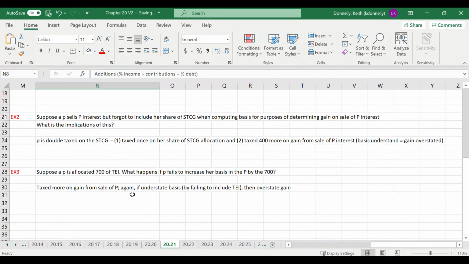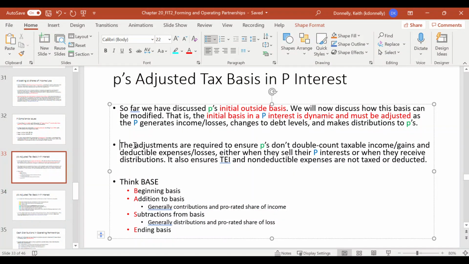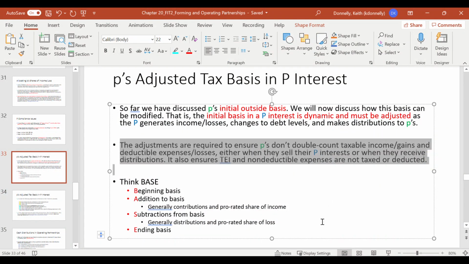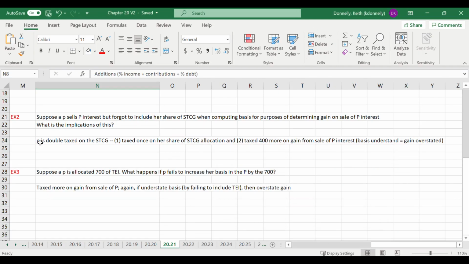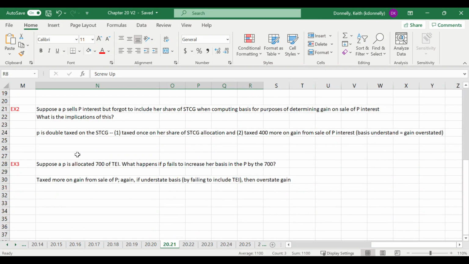What's the implication? The point they're emphasizing is that we do these adjustments to avoid double taxation. If we fail to do the adjustment for the short-term capital gains, we as a partner are going to be double taxed on them.